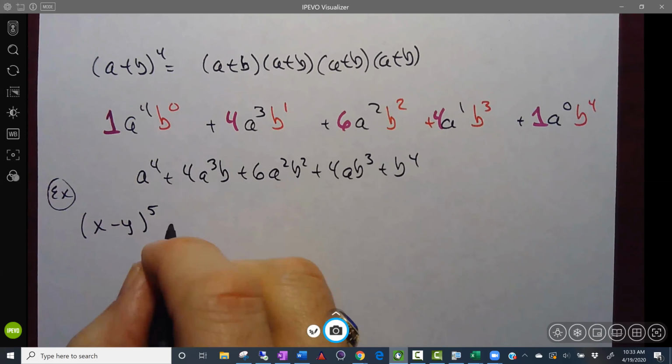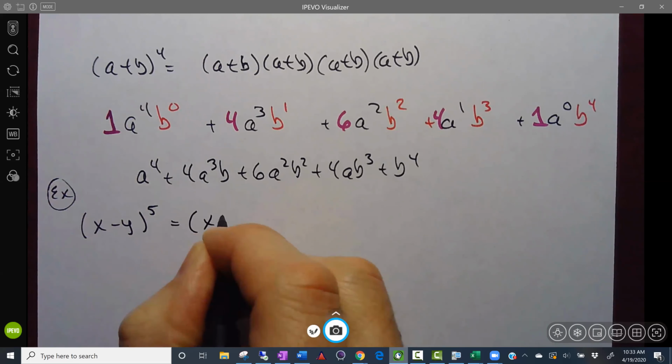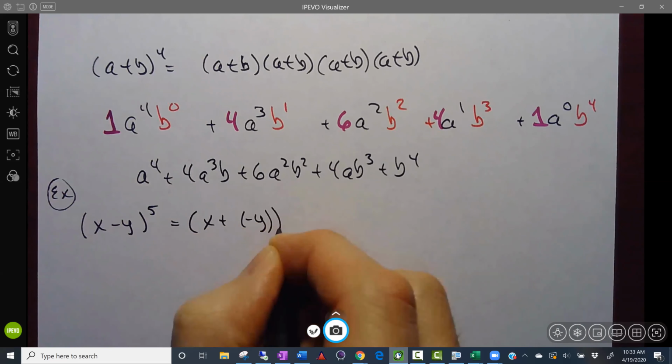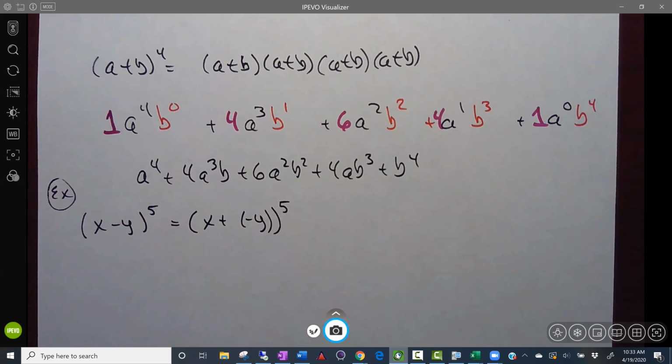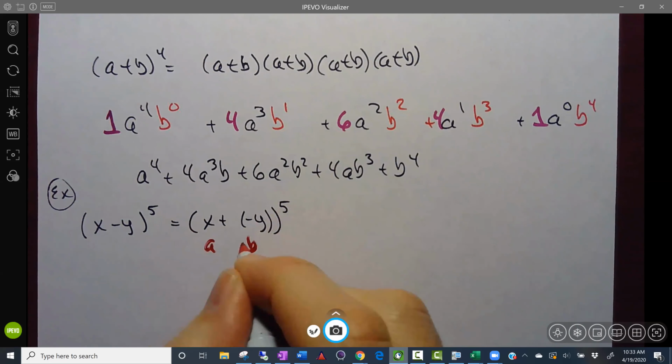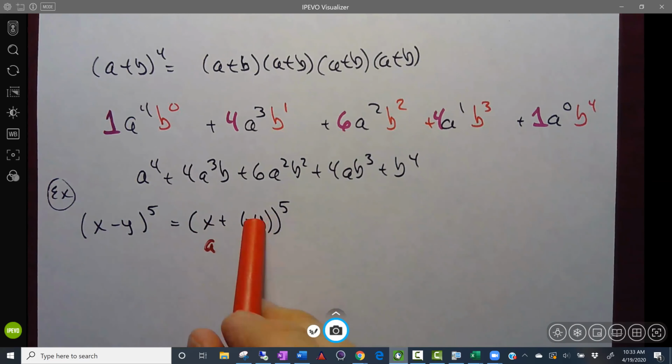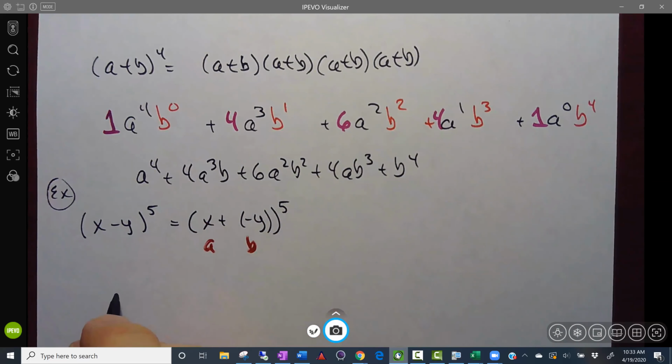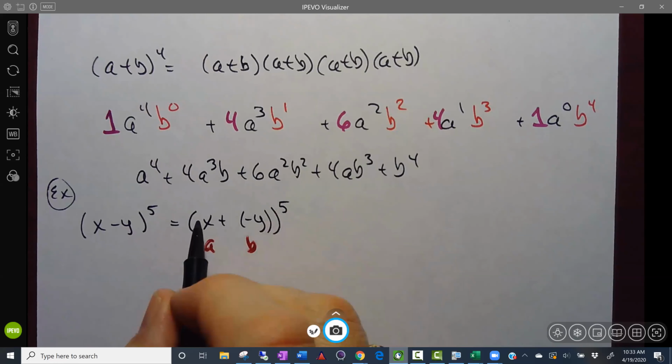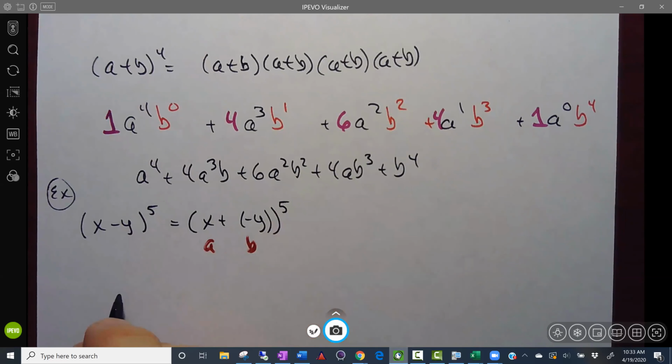And you might want to think of this as x plus negative y to the 5th power. Because what that's doing is it's giving you your a and your b. So let's start out with the a term and the b term. My exponent up here is a 5, so I'll start out with x to the 5th.